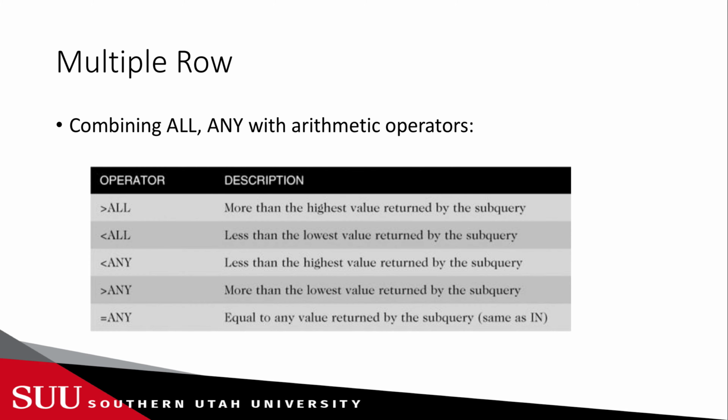If I say less than any, it has to be less than just the highest value returned by the subquery, because if it's less than the highest value, then it is for sure less than some value. If I say larger than any, it has to be more than the lowest value returned by the subquery. And if I say equal to any, it has to be equal to a single value in the result set that I get from my subquery.